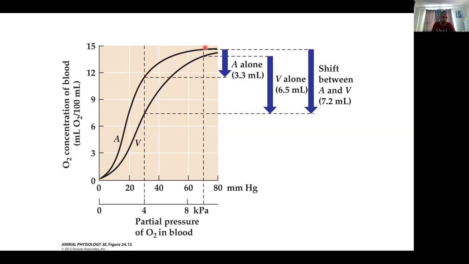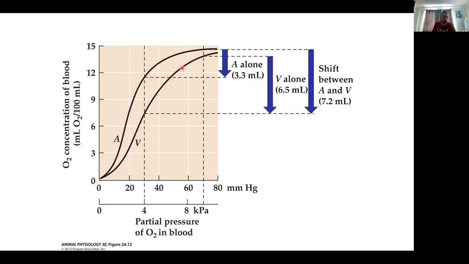So we're taking our partial pressures from here to there, and we would look over here, and we would only get this amount of delivery, about 3.3 mils per 100 mils.